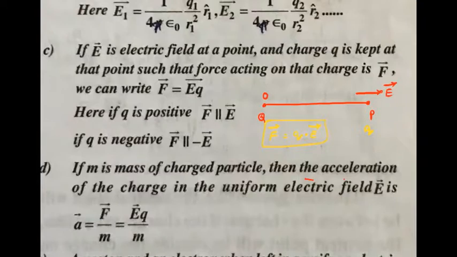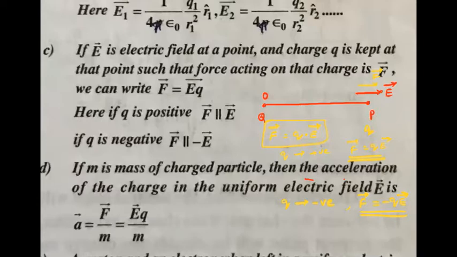Suppose if this Q is positive, F bar equal to Q times E bar. If this Q is negative, then F bar equal to minus Q times E bar. Then we can say that force and electric field are acting in the same direction if Q is positive.